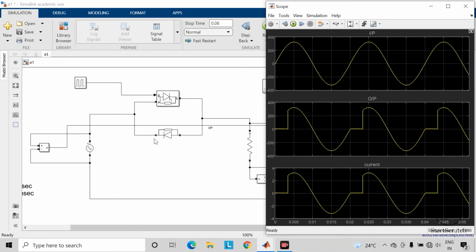So the cathode of this diode is getting connected with this negative terminal, so it gets forward biased. So the current flows from this AC voltage source to this load, and from this diode it comes back to this supply side. And this output voltage waveform in this negative half cycle will appear same as that of input half cycle.